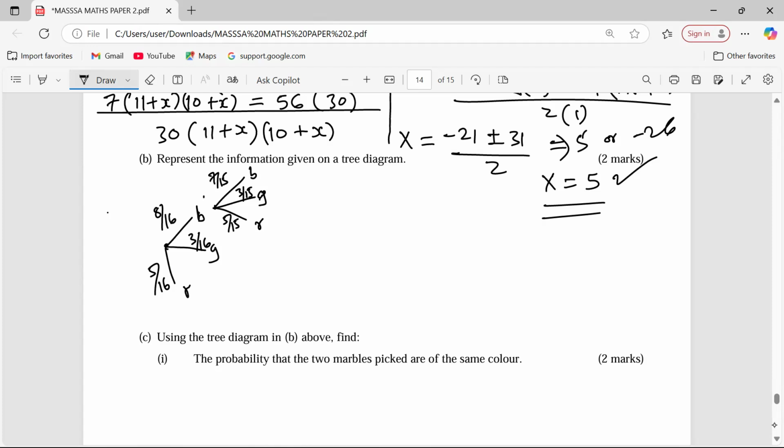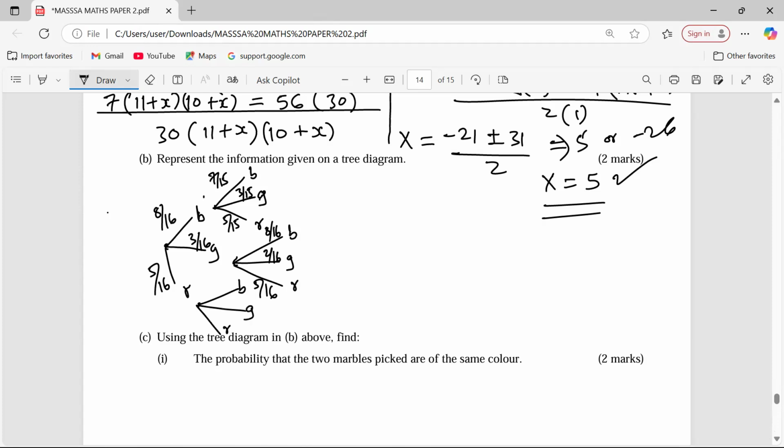Then if we had picked green, we can still pick blue, green, red. Picking green for the second time after we had picked a green is going to be 2 over 15. But these ones will remain with the new totals of 8 over 15 and 5 over 15. Then finally here, we can have blue, green, red.